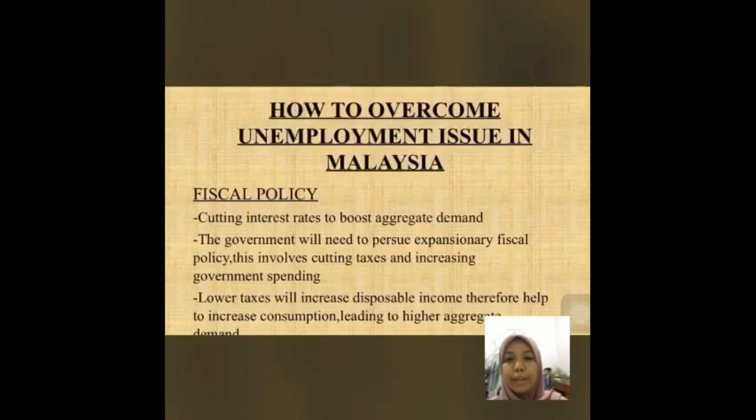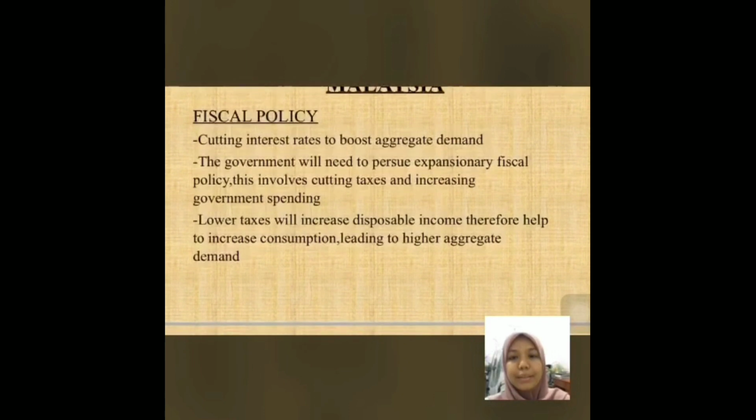To overcome unemployment, fiscal policy plays a role in cutting interest rates to boost aggregate demand. Fiscal policy can decrease unemployment and the rate of economic growth. The government will need to pursue expansionary fiscal policy, which involves cutting taxes and increasing government spending.